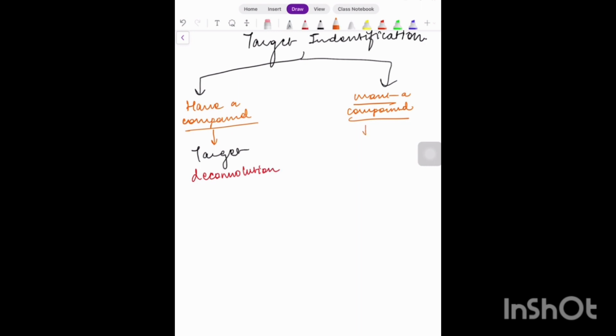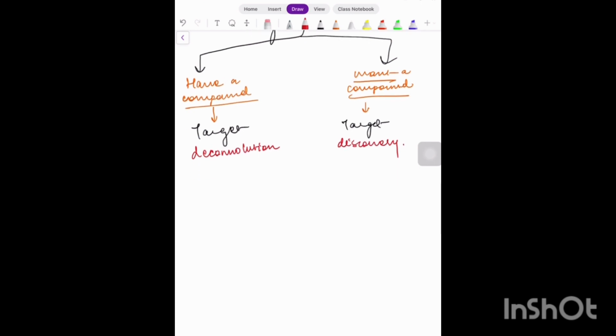But if you don't have one, and if you want a compound, then target discovery needs to be approached.